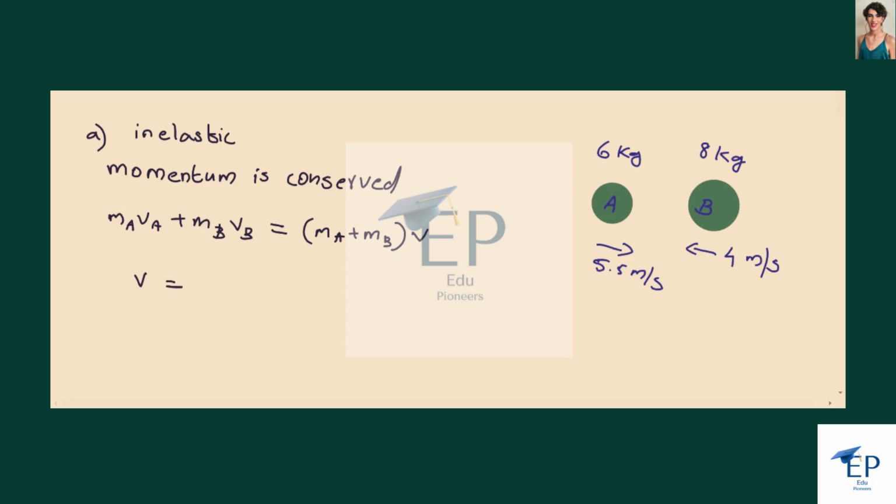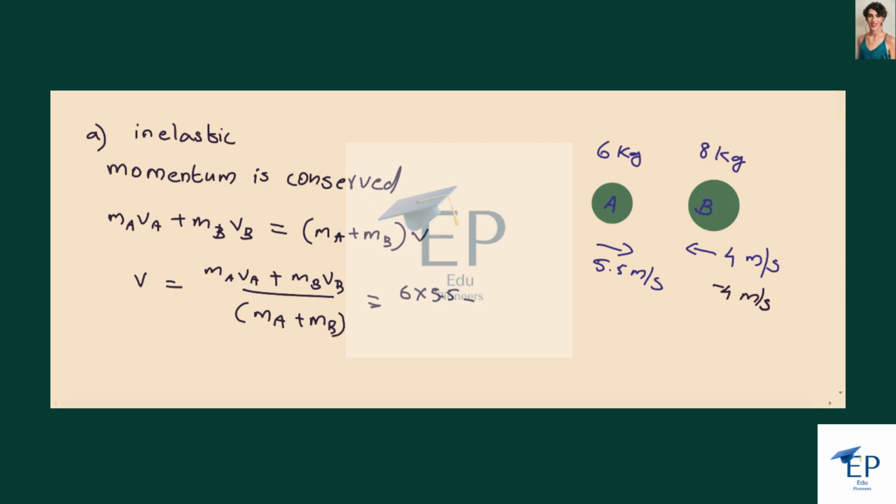So v equal to, rearranging this, ma into va plus mb into vb by ma plus mb, which is equal to 6 into 5.5, and this 4 will be treated as minus 4 meter per second because it is the opposite direction, since velocity is a vector.